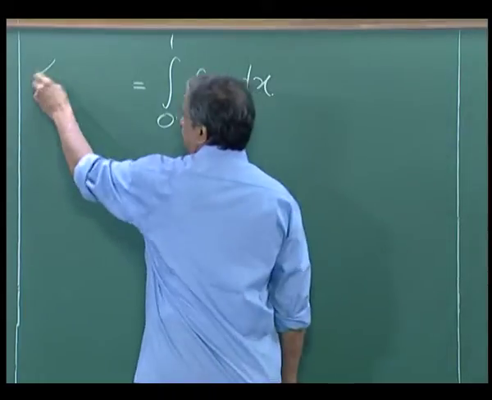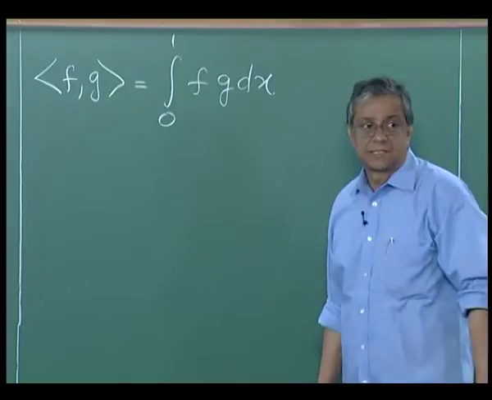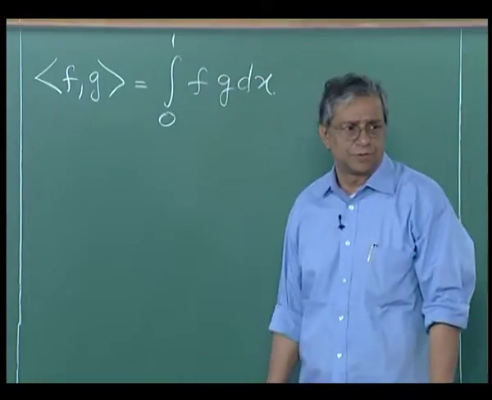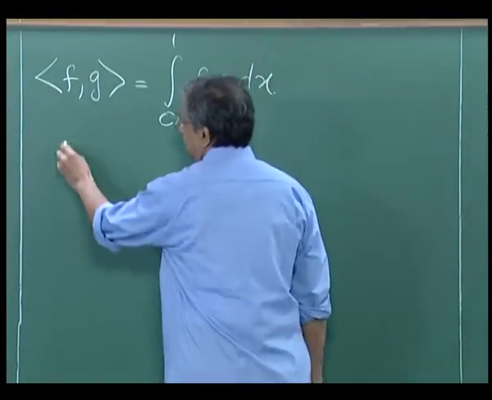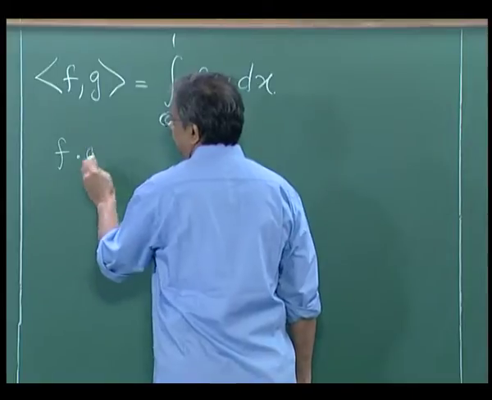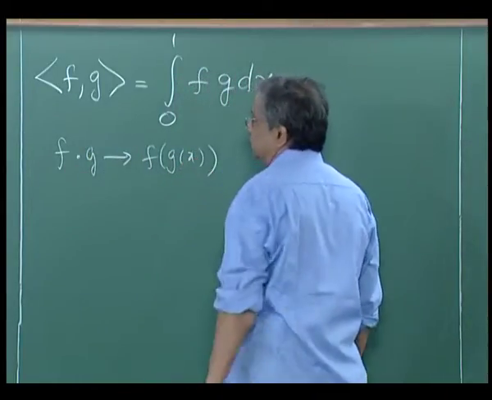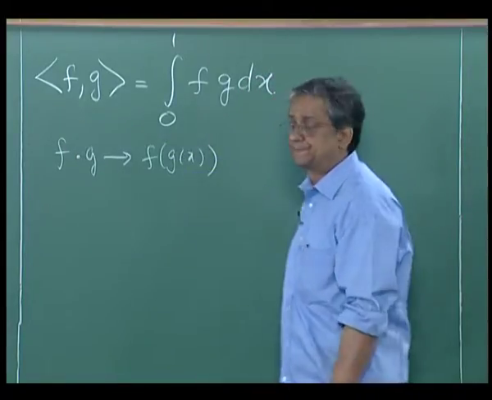I will use the notation f comma g, because the dot is already used for composition of functions, so we do not want any confusion. If you say fg, it is possible that you confuse it for f of g of x. So that we do not confuse it, we introduce some new notation for the dot product.